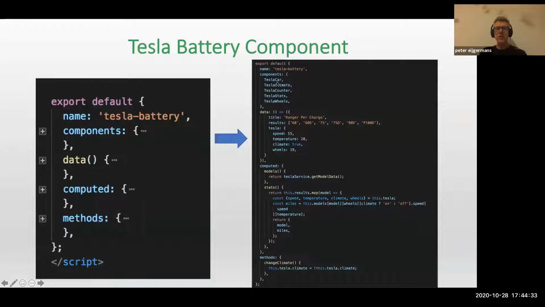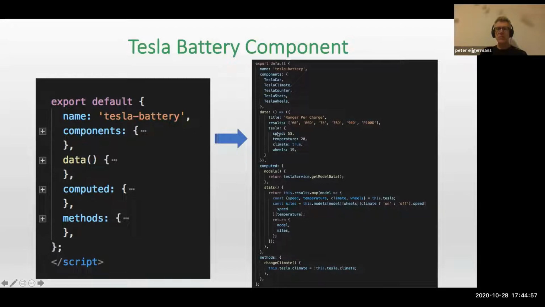The child components are the Tesla car and Tesla climate, and in the data section I have the logic, the state of the application, the title of course, and all the models. The Tesla object contains the user data with what the user has selected on the screen.